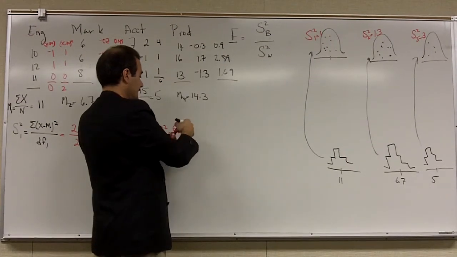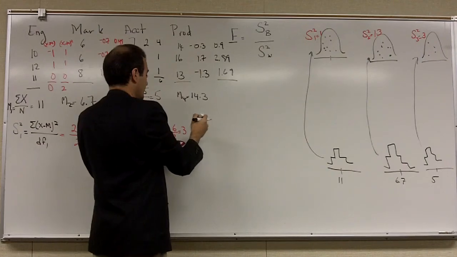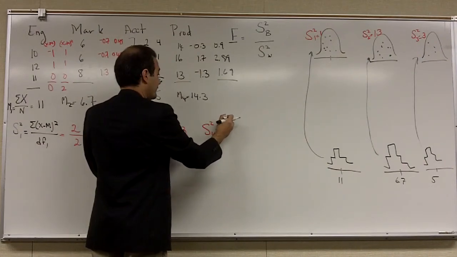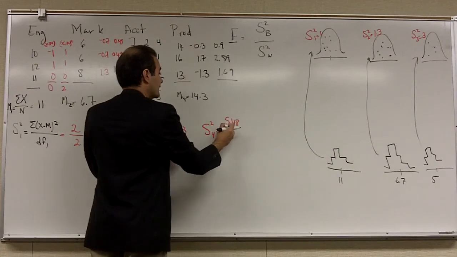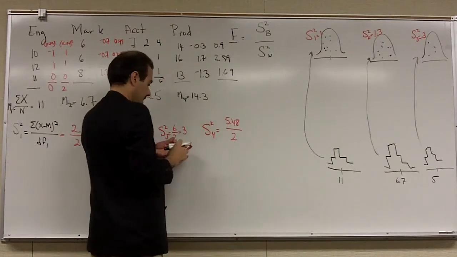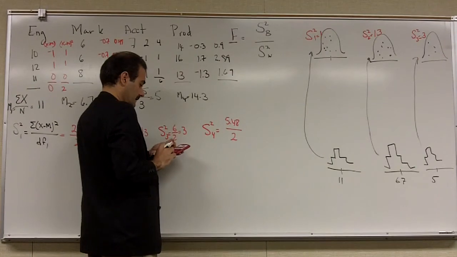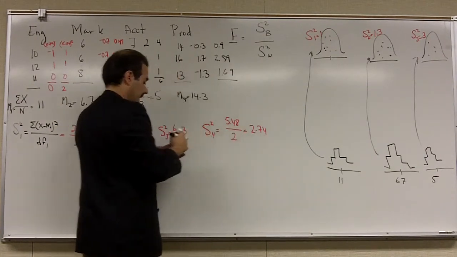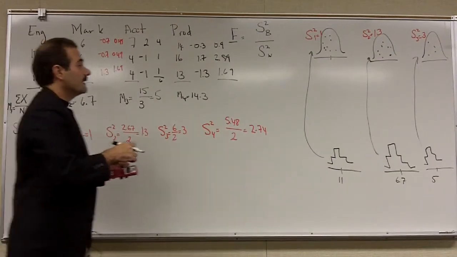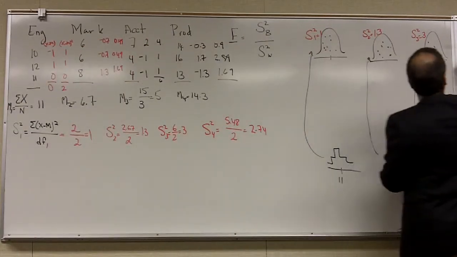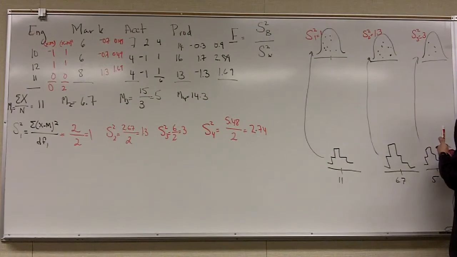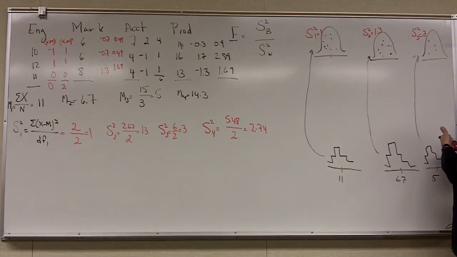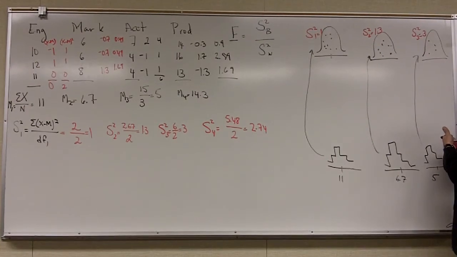So s squared 4 is 5.48 divided by 2, which is 2.74. So the last one would be 2.74. Again, s squared 4 equals 2.74.